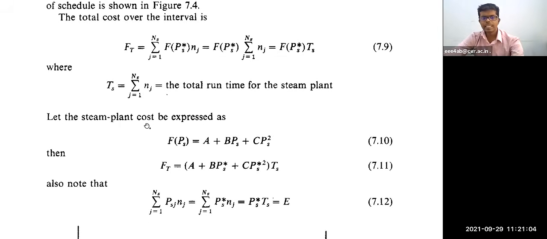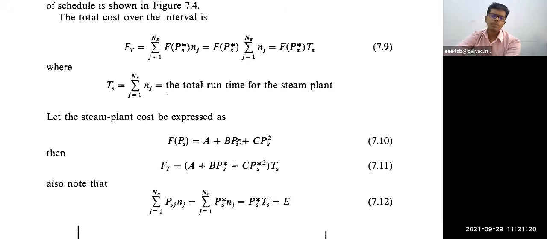Next, let the steam power plant cost function be expressed. We have seen that F of PS is equal to A plus B into PS plus C into PS square.